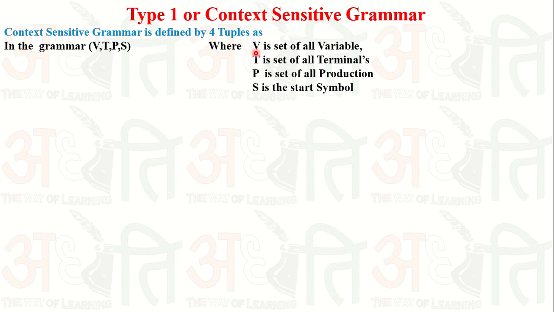I think you know what a variable, a terminal and a production are. I already discussed them in my previous video on context sensitive grammar, context free grammar and regular grammar. If you don't know about that, then please watch my previous video.